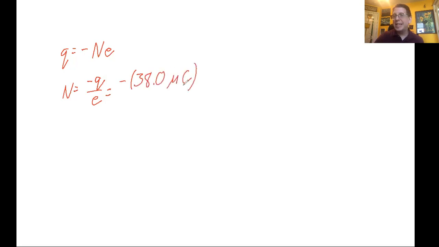And it's easy to get microcoulomb charges, and you don't need special equipment to get that level of charge. You can rub a balloon on your hair and get an exchange of charges on the order of microcoulombs.